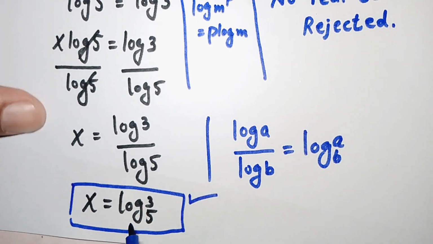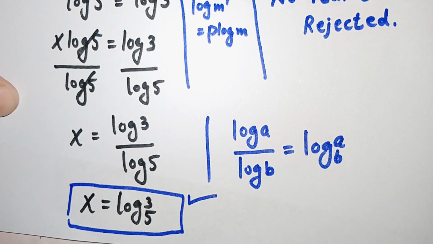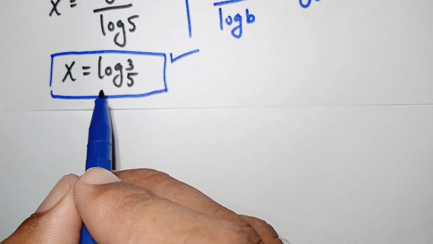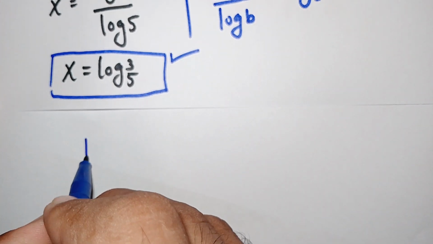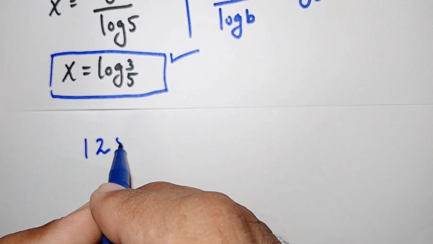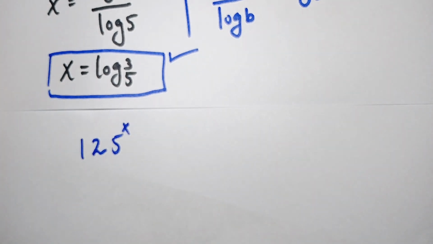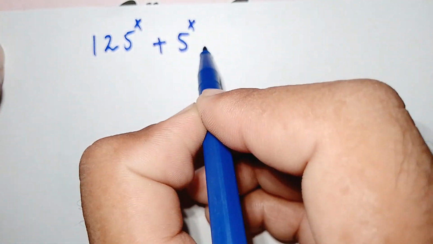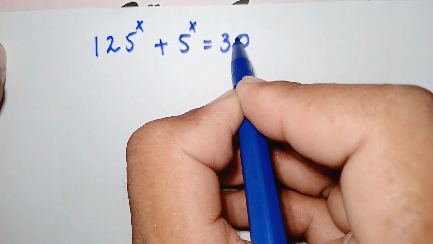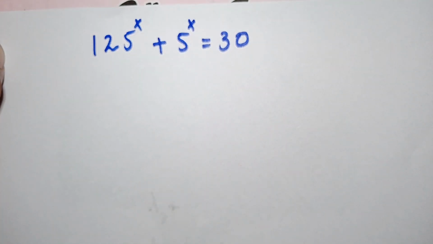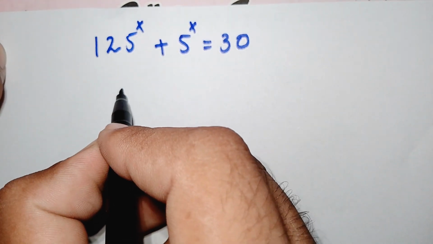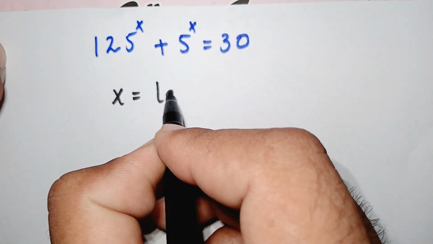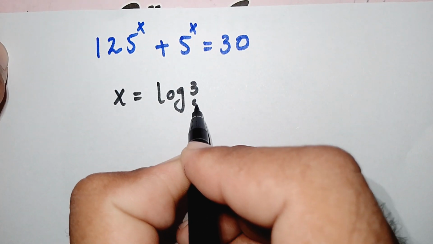Now we have to check whether this is correct or not. Now to check this answer, we have to write the question, which is 125 to the power of x plus 5 to the power of x is equal to 30. And here to solve this, we know that x is equal to log of 3 with base 5.